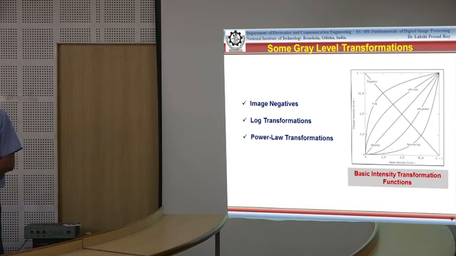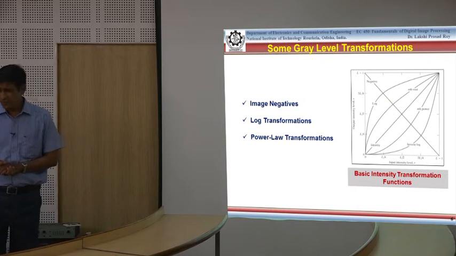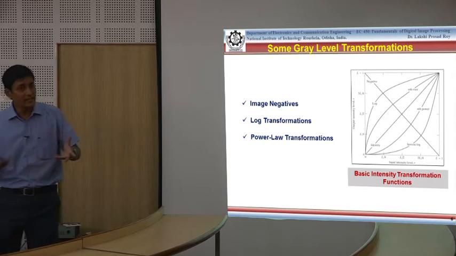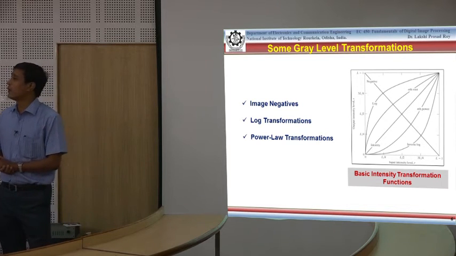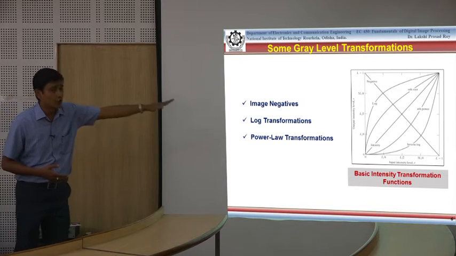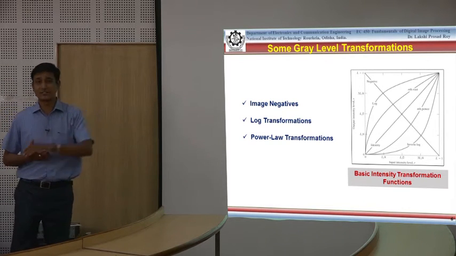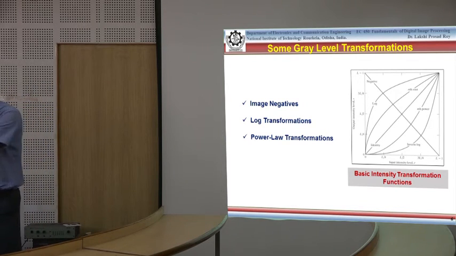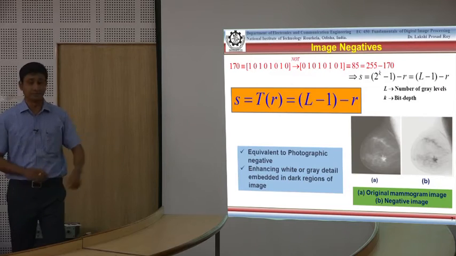Okay. But for log, what kind of operation do you do? Either base 10 or base E. You do not have much flexibility there. Why not go for anything of any slope if you want to transform an input image to output? For that, power laws are there, which will be discussed after this as the power law transformation at the end. Okay. Let us first move to the image negative.